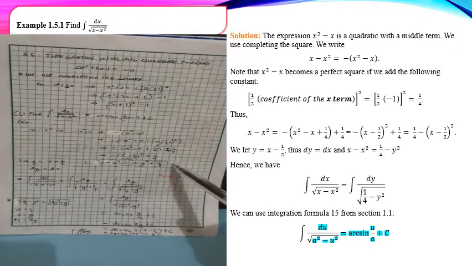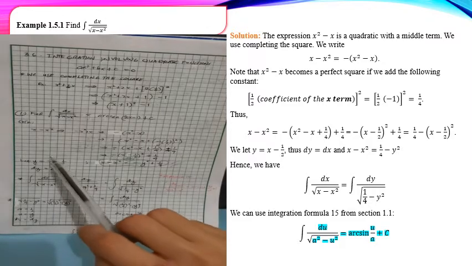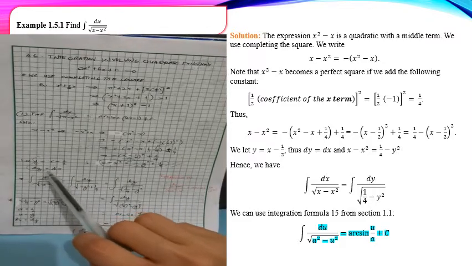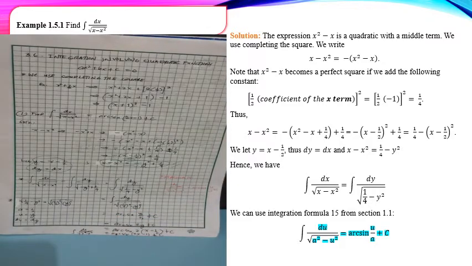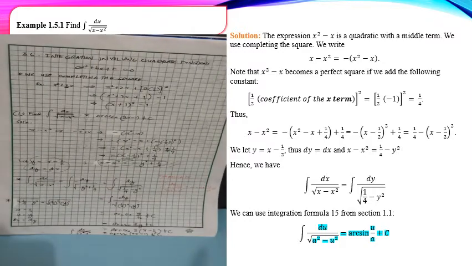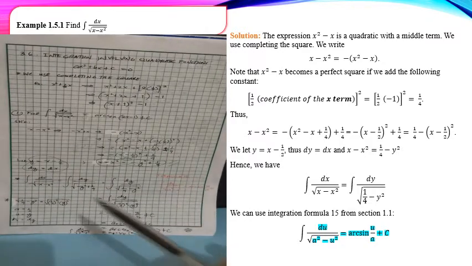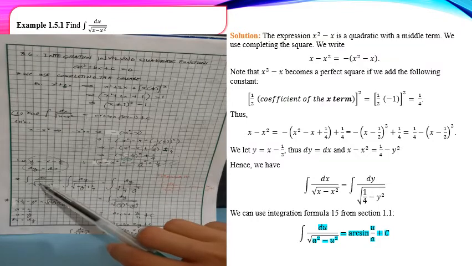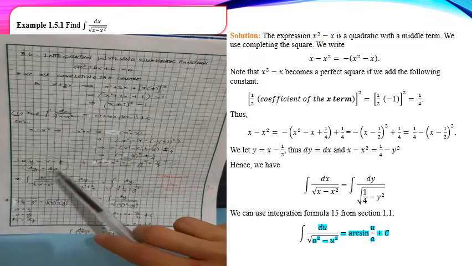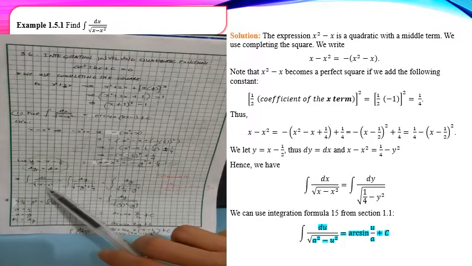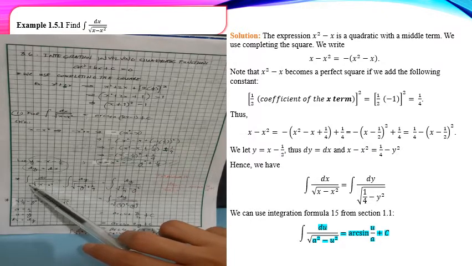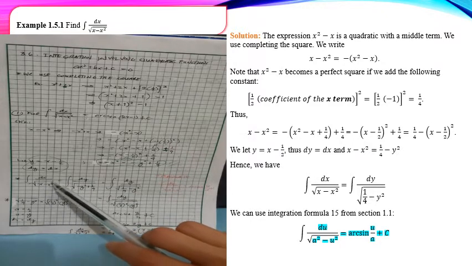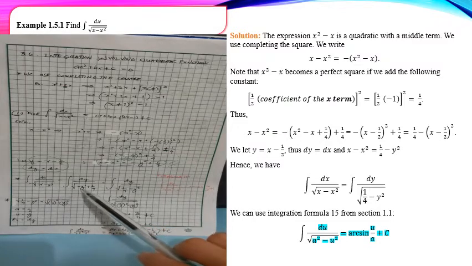Kailangan natin yung substitution na yan. Kailangan din natin ito. So integrate natin siya. Di ba, ito yung given natin na integrand. So, si dx, replace it by dy. And then, yung nasa denominator, si radical is radical pa rin. Ito siya, si x minus x squared, naging negative y squared plus 1/4.